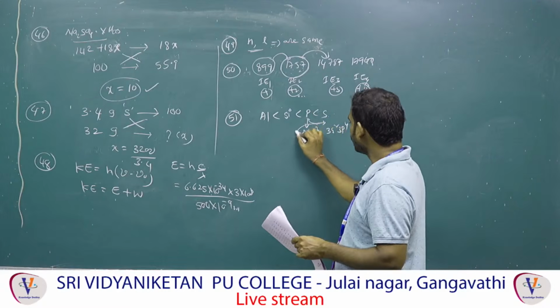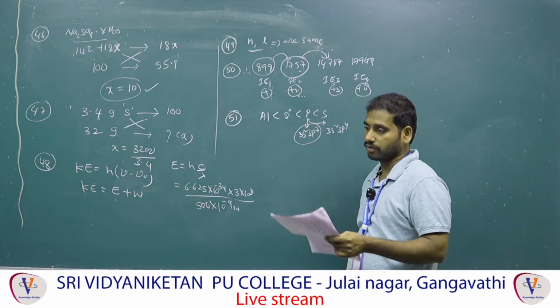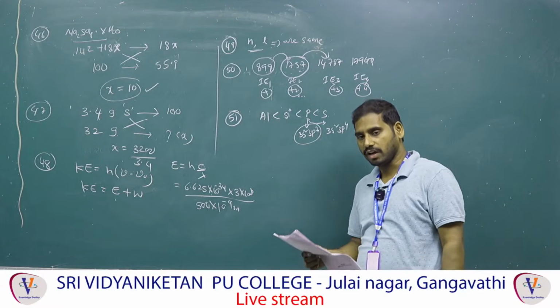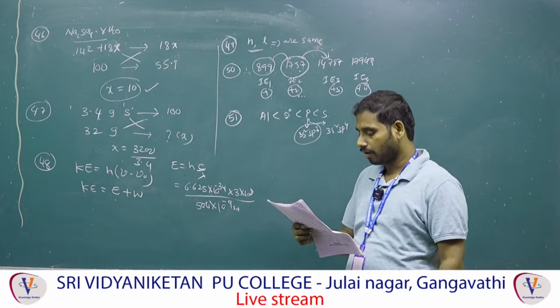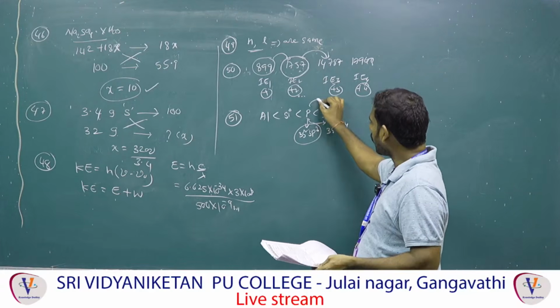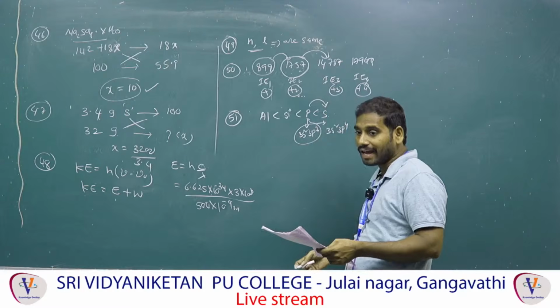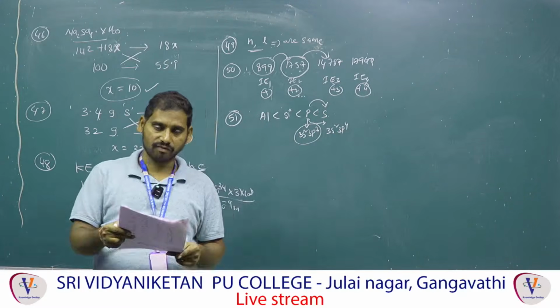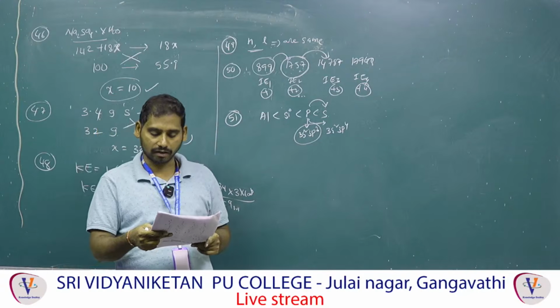This has a half-filled electronic configuration, which is exceptional. One of the factors is that half-filled and fully filled configurations are more stable. More stable means it requires more energy. That means phosphorus has more ionization energy than sulfur, but they have given phosphorus less than sulfur. That is wrong. That is incorrect.